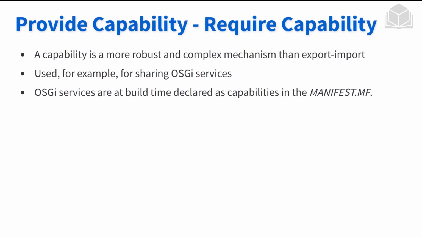So provide and require capability can work alongside of export and import. It gives us a lot more specificity and a little bit more flexibility when we're trying to pick and choose which features we want to share or which features we want to consume. And again, all of these things are declared within the manifest file.